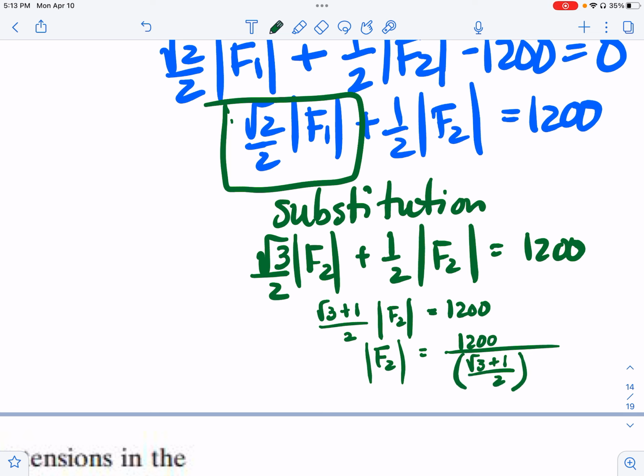Time to plug this into the calculator. 1200 divided by root 3 plus 1, that divided by 2, times 2 actually. 439.23 times 2. This would be around 878.46 pounds of force.